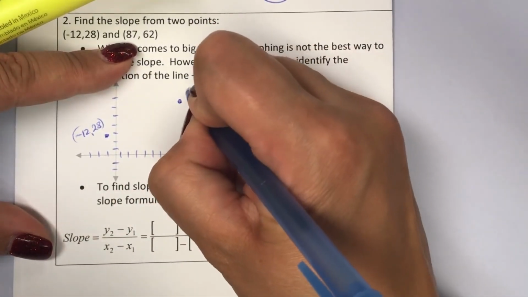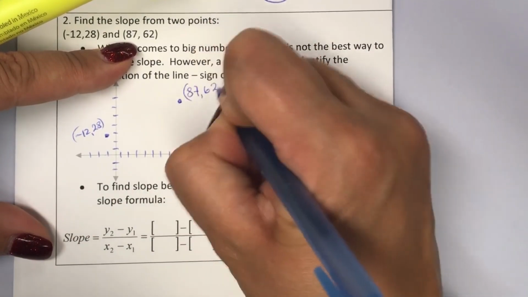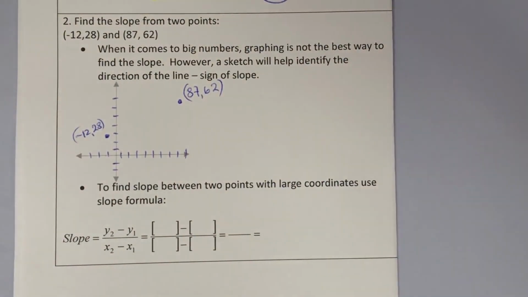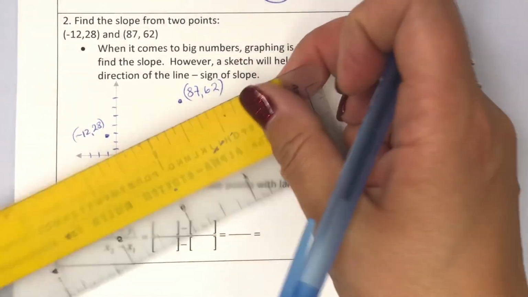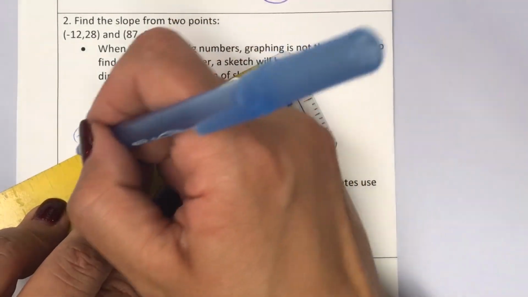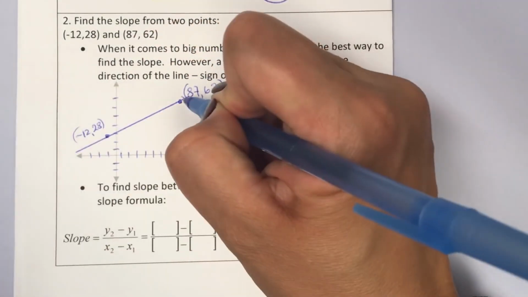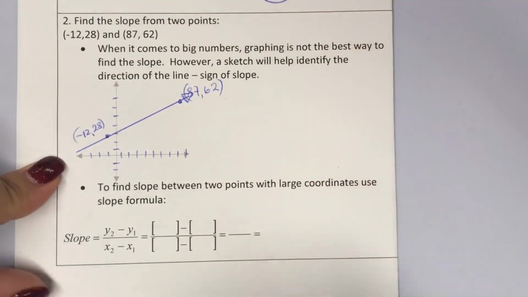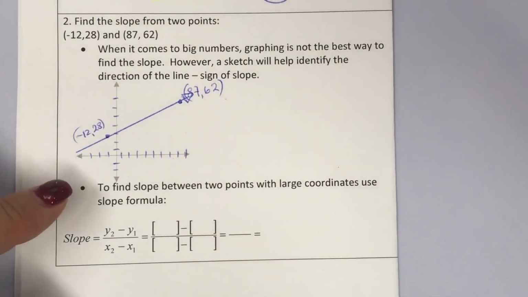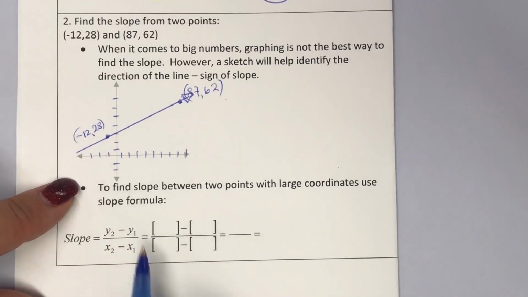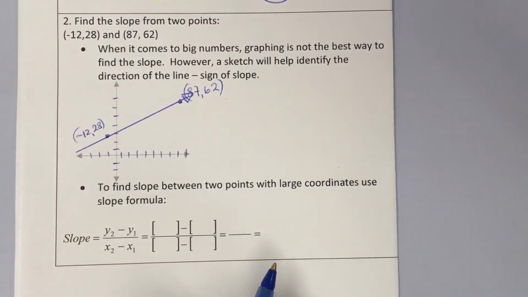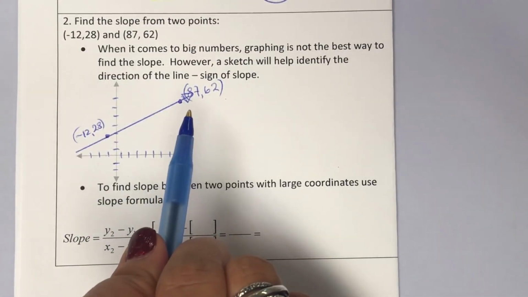So let's say here is 87, 62. This is again a sketch representing the approximate location of the numbers, and what that helps with is the direction of the line. The direction of the line is positive, so at this point, all I know is that my slope has to be positive. So when I work with the numbers and I get a negative slope, then I can see where my mistake is.